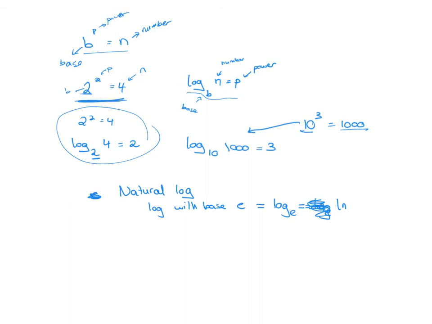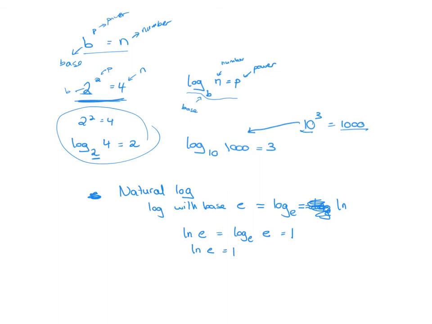Now, if I wanted to write ln e, that means it's log base e of the number e, which is equal to 1. So the first rule is that ln of e is equal to 1.